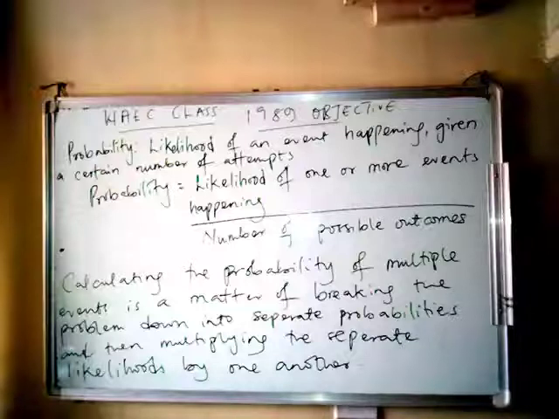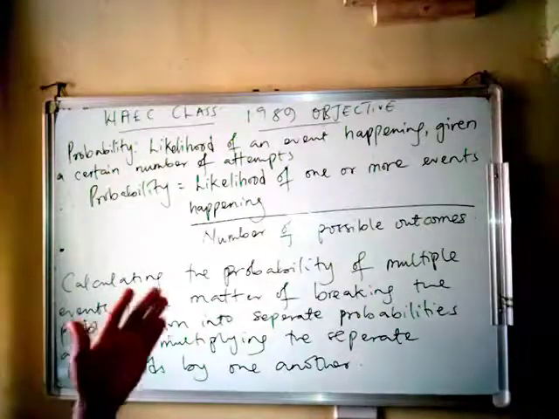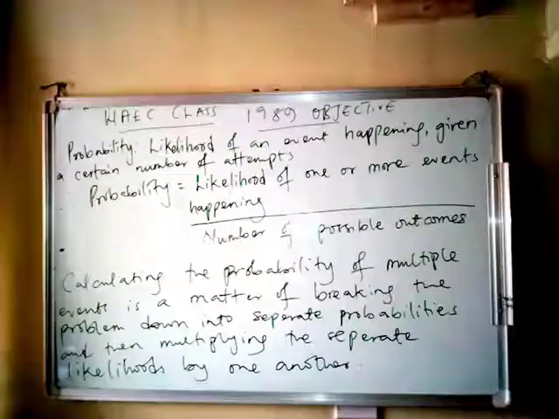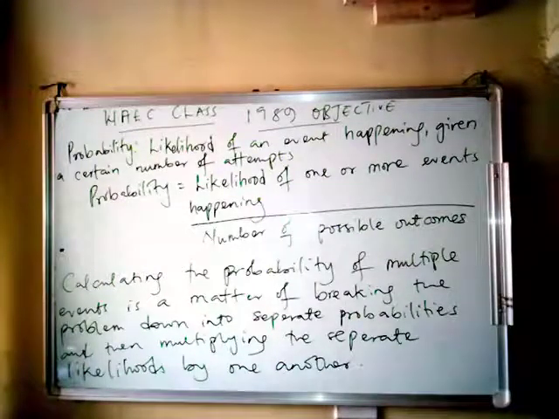So probability, just like you have on the board, is the likelihood of an event happening with a number of facts you have. You have already made some attempts. By the time you've tried the first, the second, the third, the fourth, you are getting an average score. Then you can make your inferences.